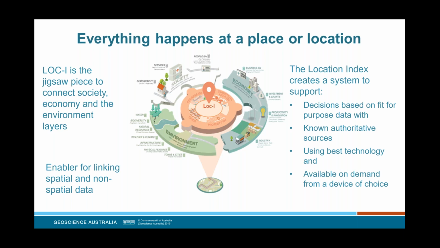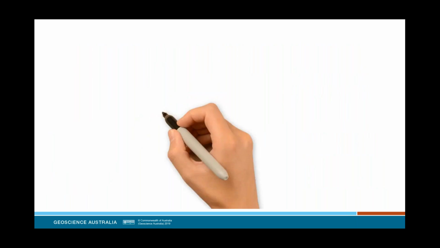And the idea is to build a system to support decisions that are fit for purpose, using authoritative sources, using world's best technologies, and to be available on demand to users from wherever they are across whichever jurisdiction they're in.